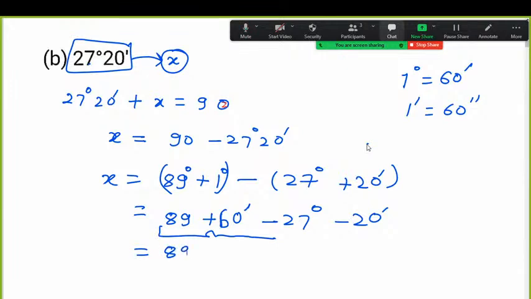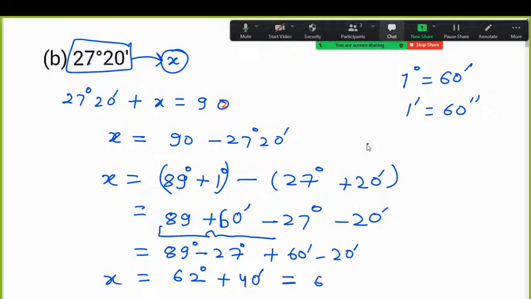I will put 89 and 27 together because they are in degrees, and 60 minutes and 20 minutes together. If I subtract, I get 9 minus 7 is 2, 8 minus 2 is 6, so 62 degrees. And if I subtract here, I get 40 minutes. That means x is 62 degrees and 40 minutes. I can just write it like this.